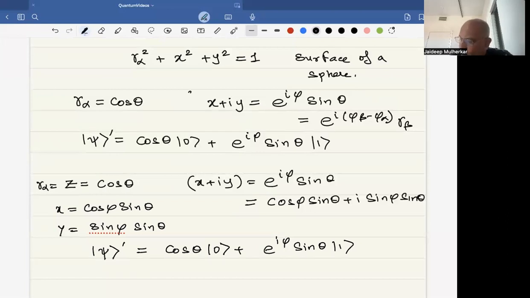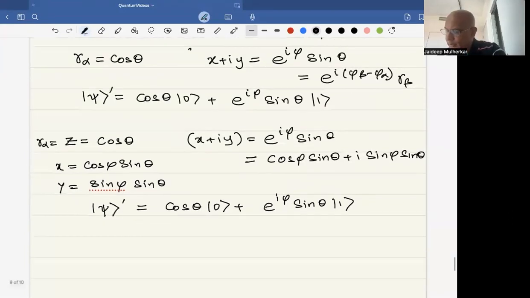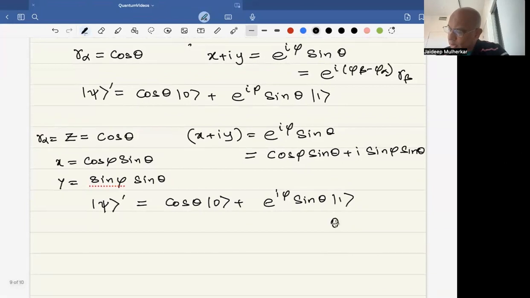And the only problem is that if we let theta run from pi to 0, then for theta equal to 0, we get ket 0.